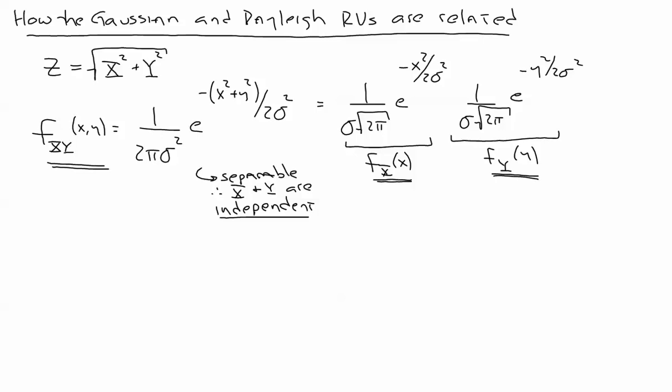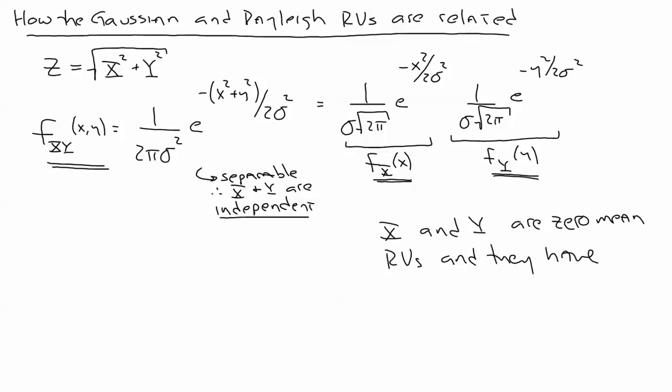Gaussian. You'll notice both x and y have zero mean. All right, they're zero mean random variables, and they have the same standard deviation.